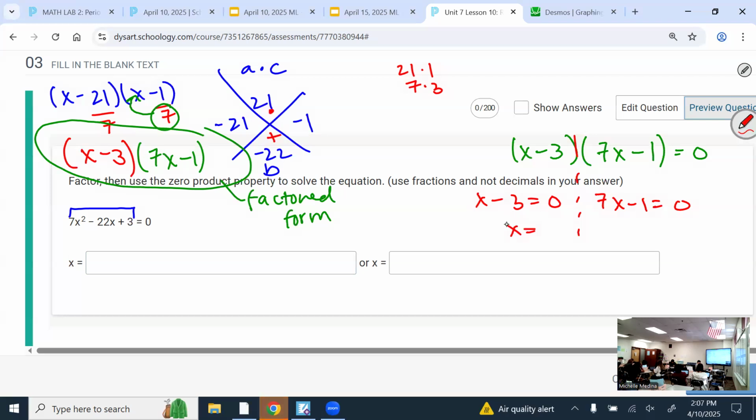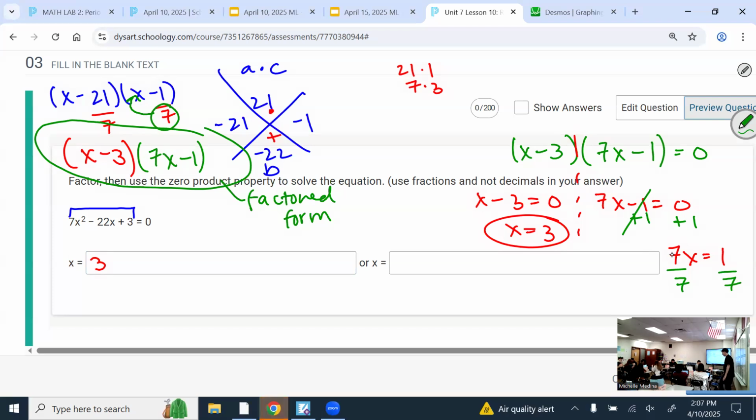So one of my answers that I type in will be 3. The other one takes 2 steps to isolate the x, but it's pretty easy. You'll just add 1 to each side. You get 7x equals 1. Opposite of multiplying by 7 is dividing by 7.